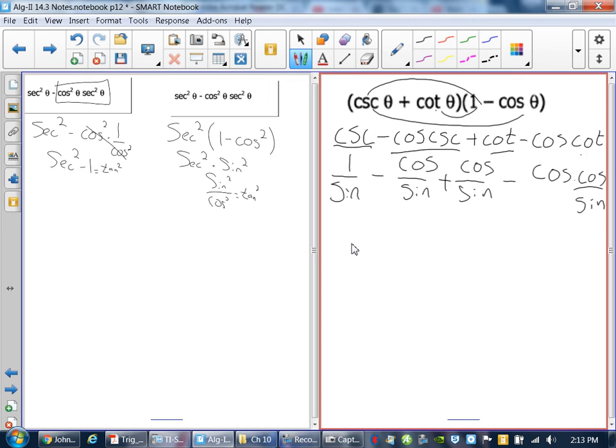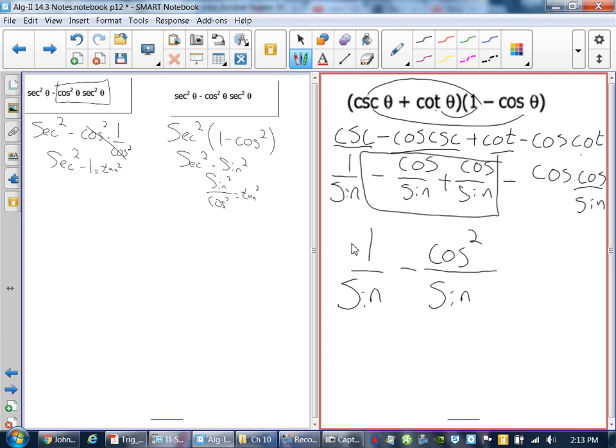Okay. What happens to the middle terms? They cancel out. You're left with 1 over sine minus cosine squared over sine. Do these now have a common denominator? Yeah.